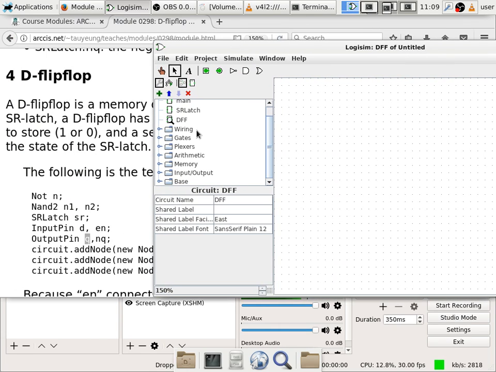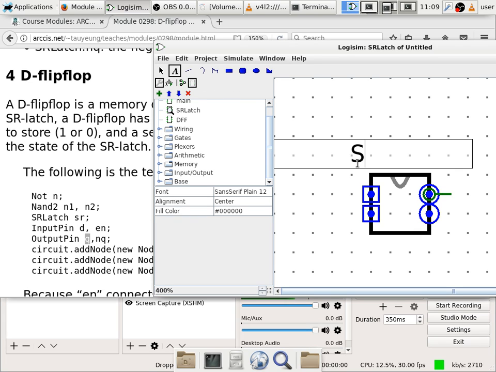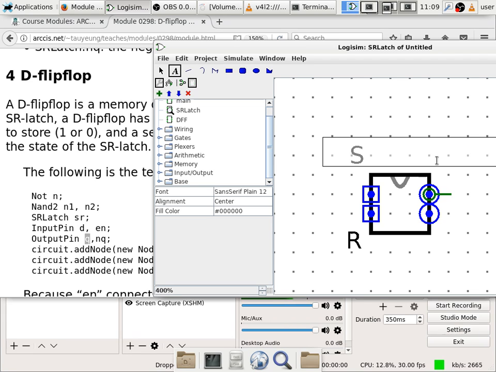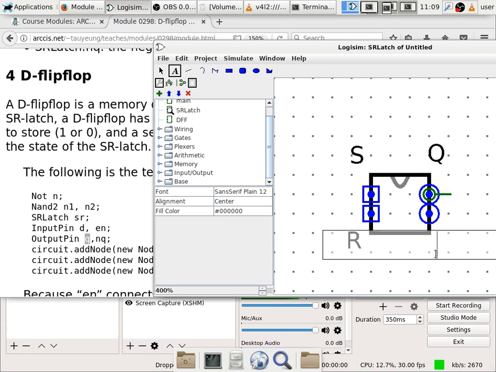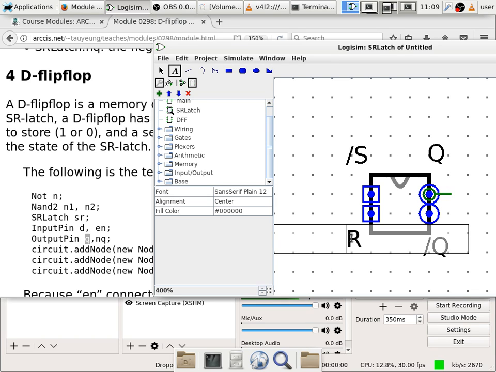Okay, so we'll go ahead and make a circuit out of the SR latch, which I think is good. We just have to label the individual pins correctly. S, R, and then we got Q and NQ. I'm going to use the proper notation here in electronic documentation.